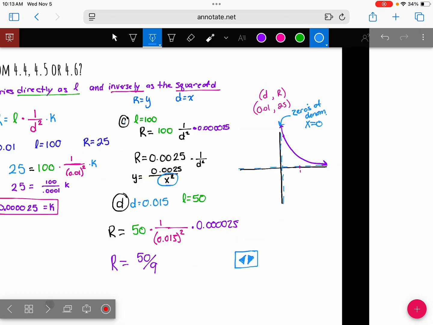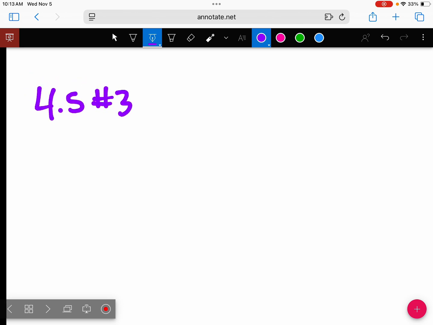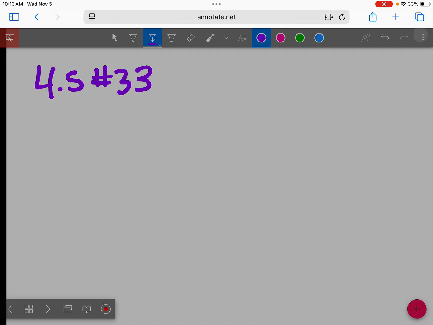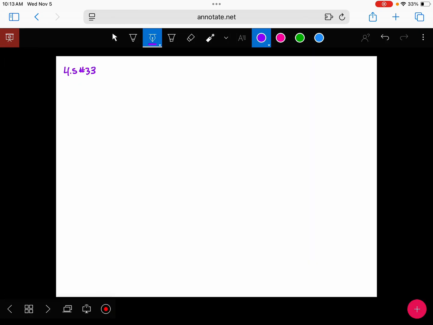33 on 4.5. Let's look at that one. 4.5, number 33. Graphing. Looking at this will give us a great practice on that one. So 33. There we go.